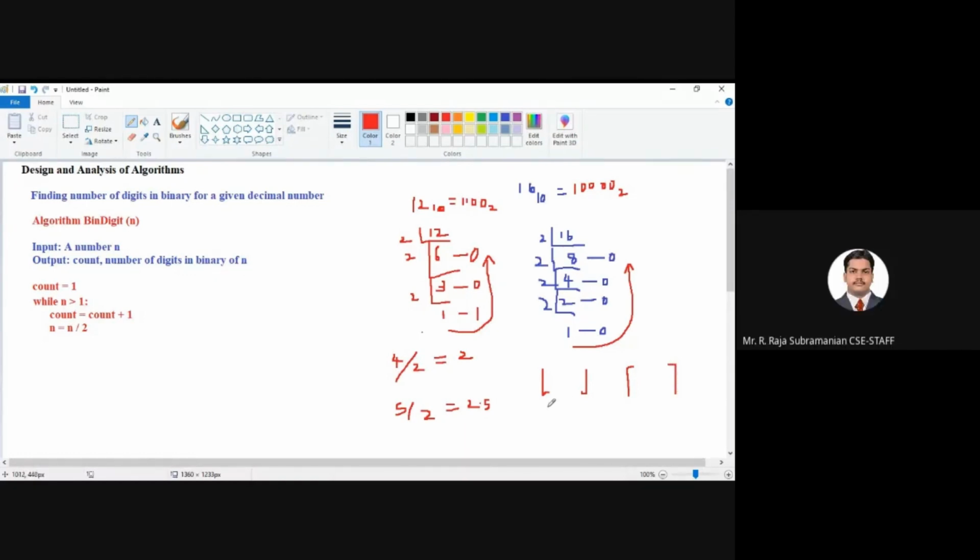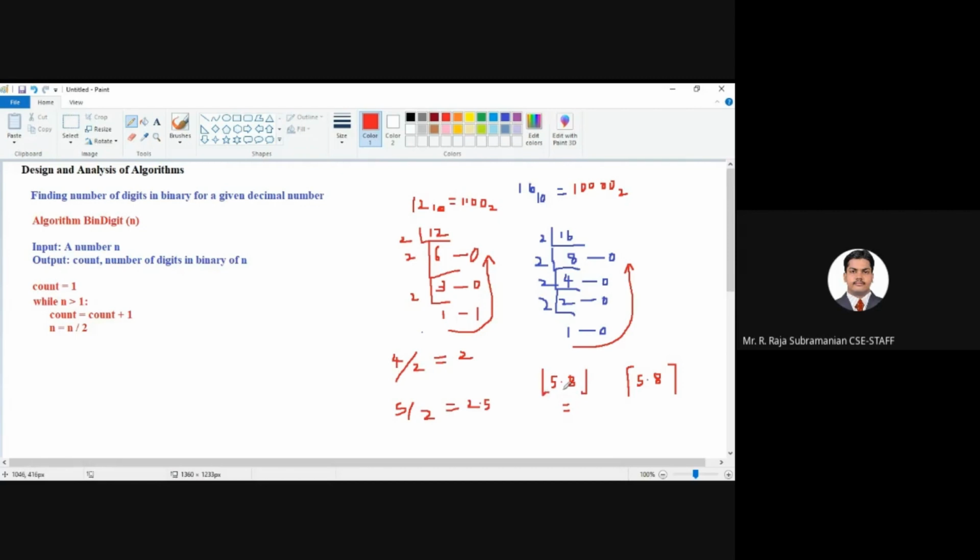Floor and ceil. Great. If I write 5.8 here and the same 5.8 here, this will be equivalent to floor. Floor of 5.8 is nothing but the nearest smaller integer to 5.8.